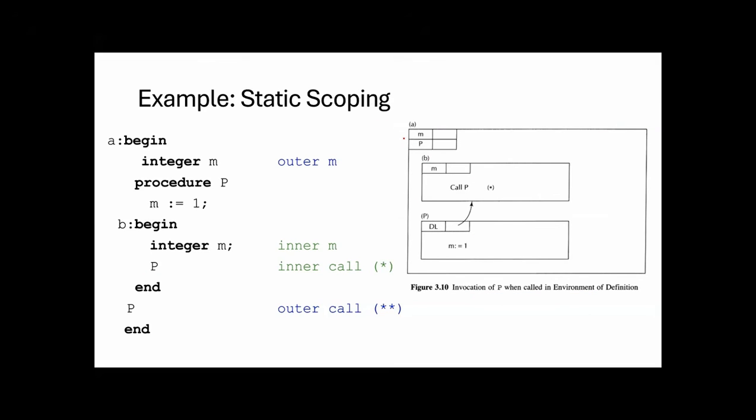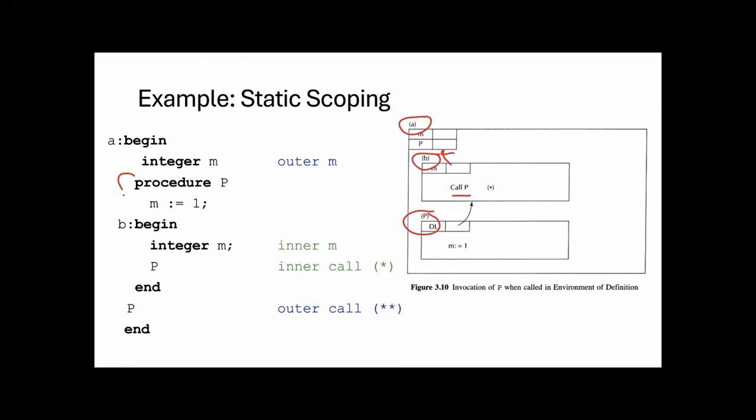Now, in static scoping, things are totally different. Even though we are calling P from inside the block B, we are not going to place the environment of P inside the block B. P is going to stay inside the outer environment where it is initially defined.